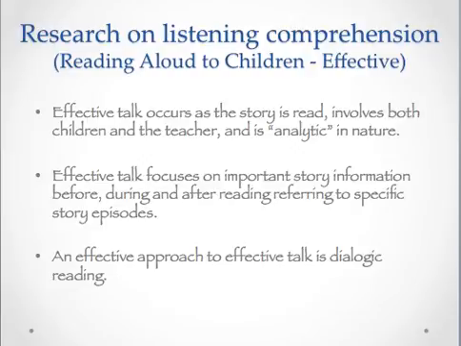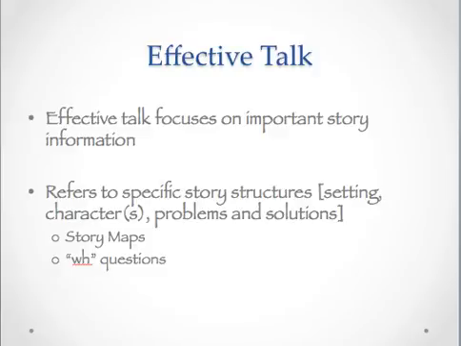So let's go back. I want to look at that second bullet, which suggests that it focuses on important story information. And so one way to structure this is to use story maps. And story maps refer students back to the essential elements of a story, the story structure.